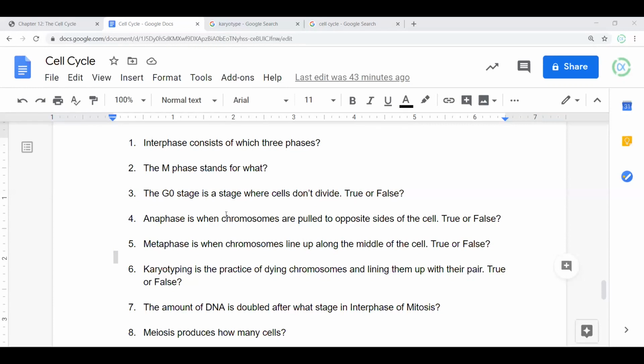So the answer here was again true. Anaphase is, remember, the splitting of chromosomes to opposite sides of the cell. Question 5. Metaphase is when chromosomes line up along the middle of the cell. True or false?